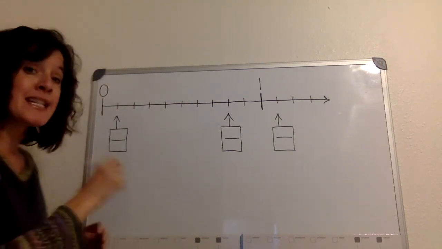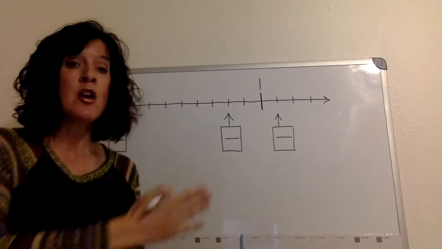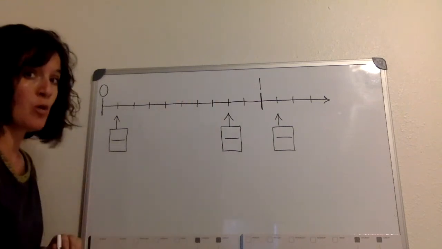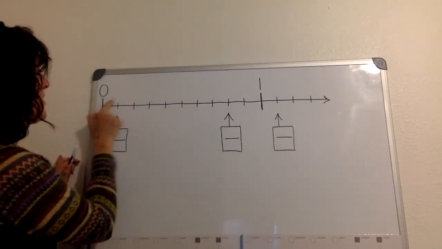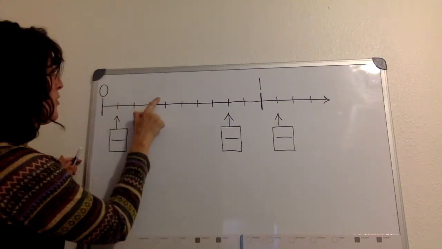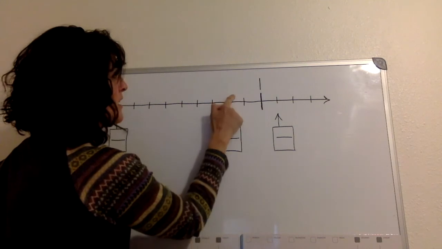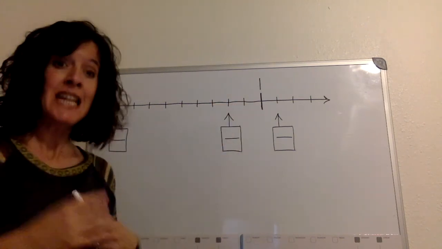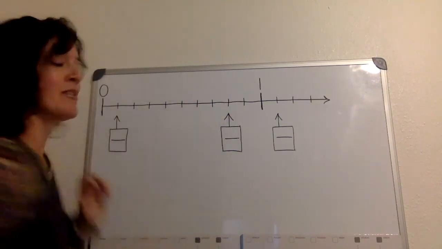Let's count those increments first of all and find out how many parts we have in between each big number, each whole number. Okay, so here we go. Let me count them. I've got 1, 2, 3, 4, 5, 6, 7, 8, 9, 10. I have 10 equal parts all together in between 0 and 1.